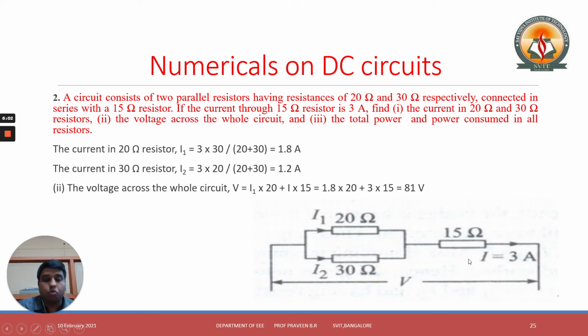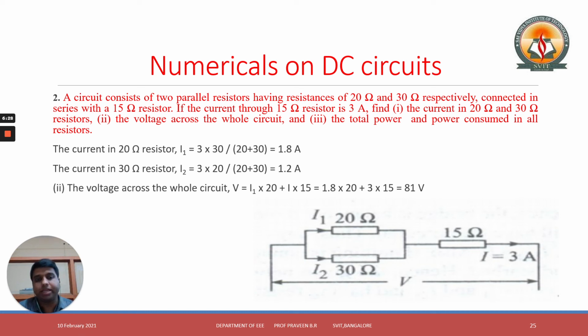And I know the voltage across 15 ohm is current into resistance. So 15 into 3, which is 45 volts. So this current is 1.8 amperes into 20, which we calculate, and 45, and when we add them, we'll get total voltage of 81 volts.